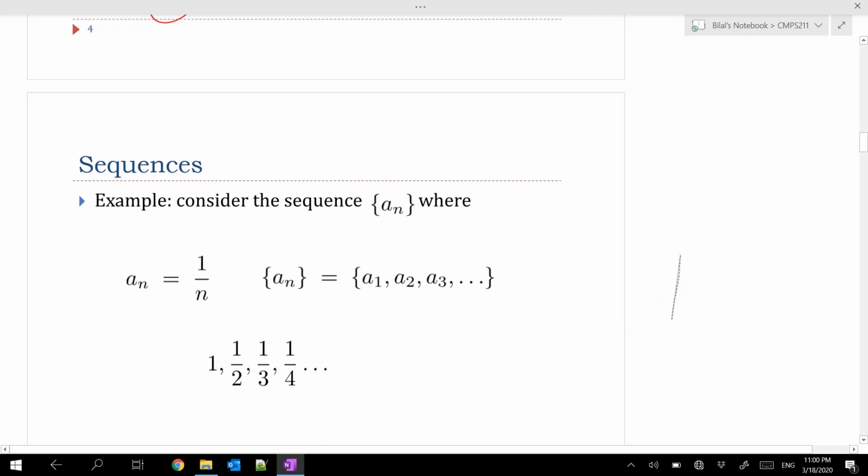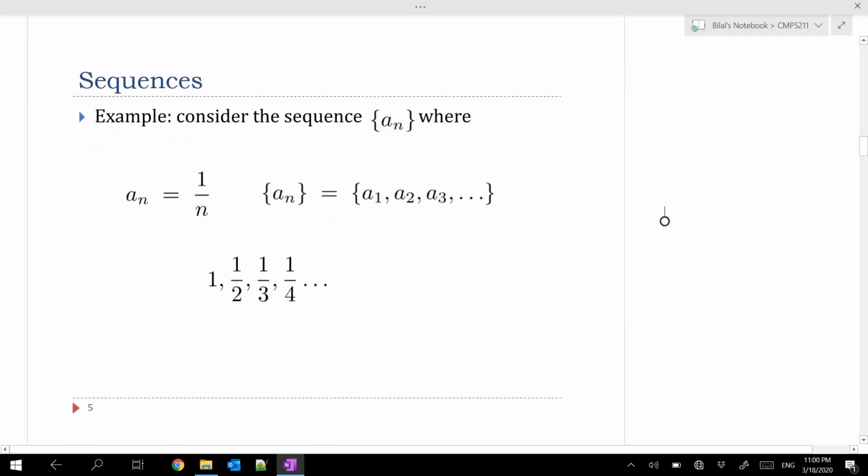So I'm going a little bit quickly on those terminologies because I think that they are not totally new for you. But you can pause the video and think about them a little bit more if you are new to sequences. So consider the sequence a_n, where a_n is equal to 1 over n.